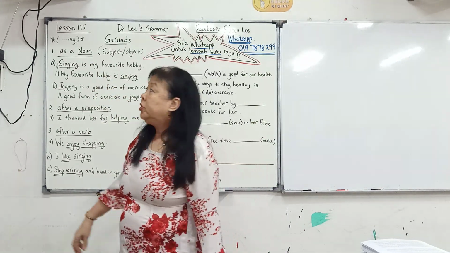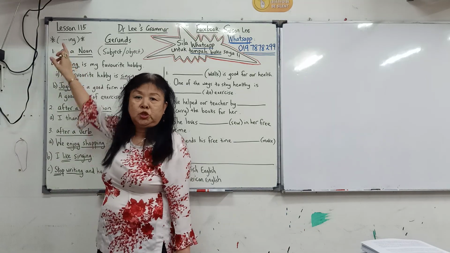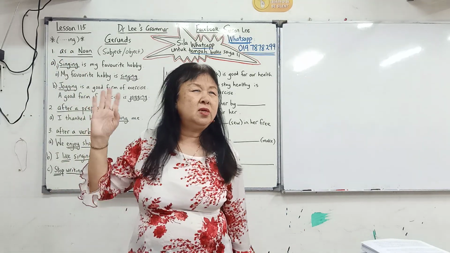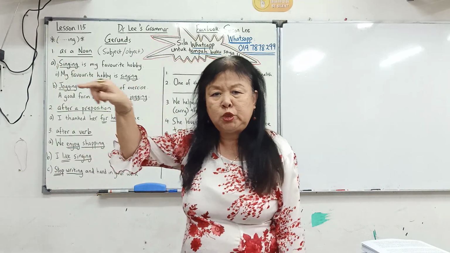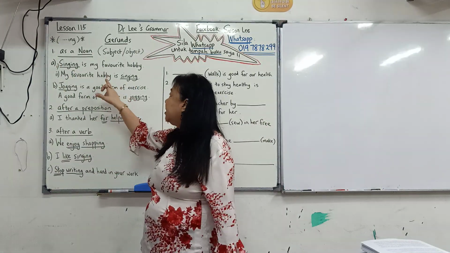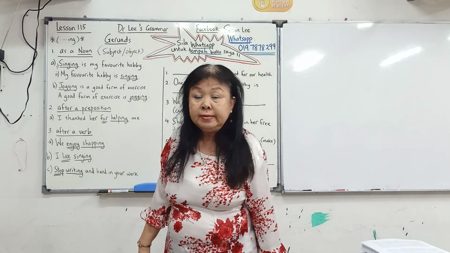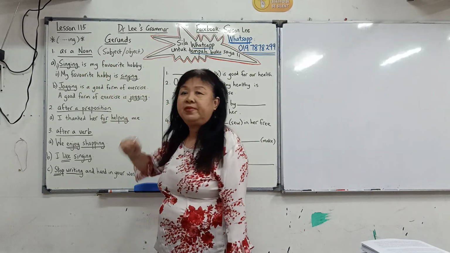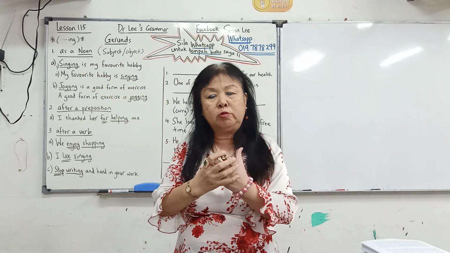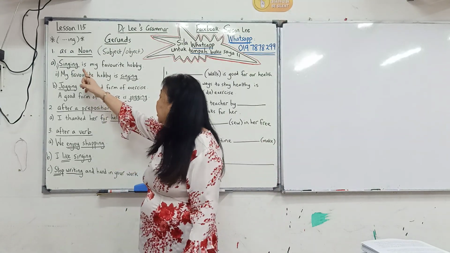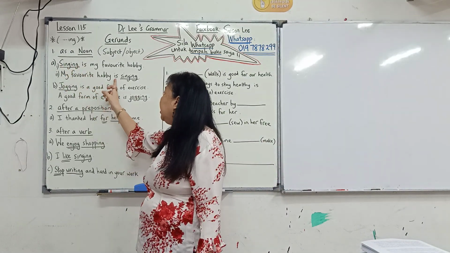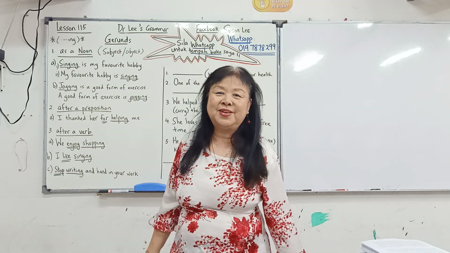Actually, gerunds are words with ing. Singing, dancing, walking, jogging, reading, writing, speaking, ing. So 2 examples clearly written here. Singing is my favorite hobby. Singing as a noun. A noun is a thing. Okay? So singing is, or is singing, is still the same.